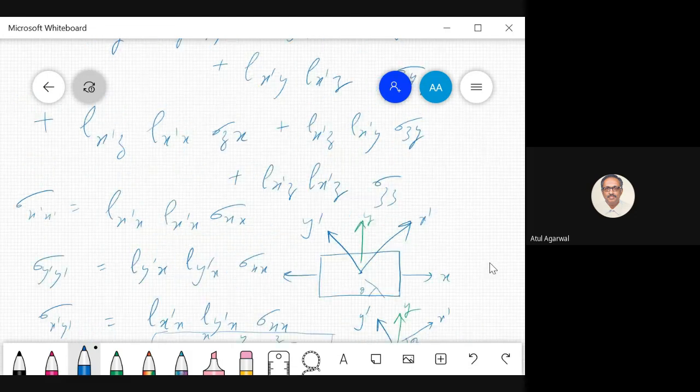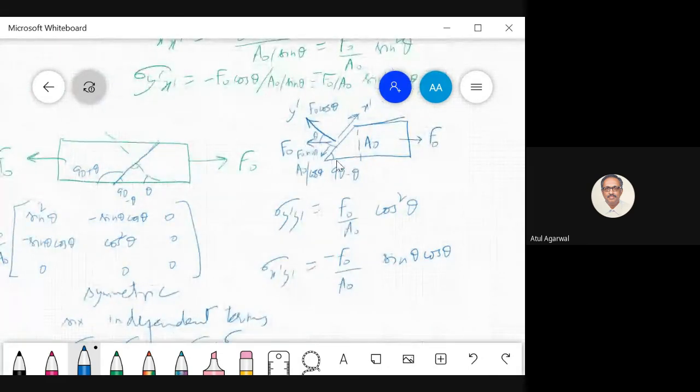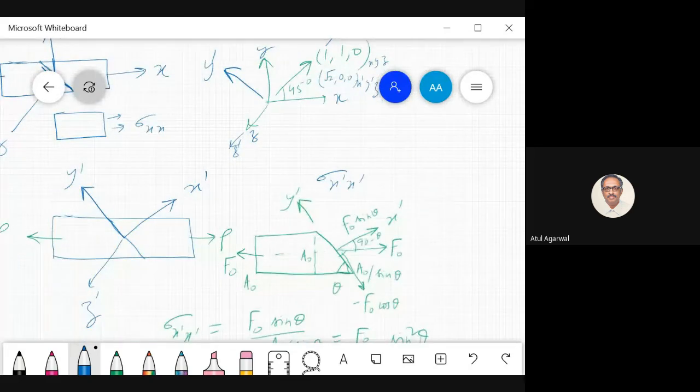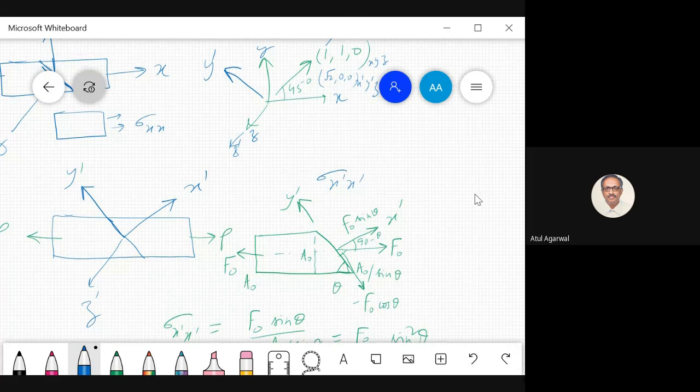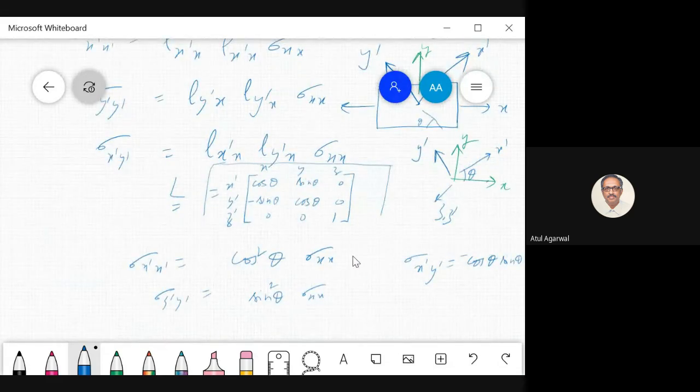So I have changed the angle somehow. Theta was this angle. This was 90 minus theta basically. I had taken this x prime at 90 minus theta with x axis. So that is why the results have gone other way around. You can see this, I hope. So if this theta is 90 minus theta, you get a sine square theta. Here you will have a cos square theta, and this will be same.